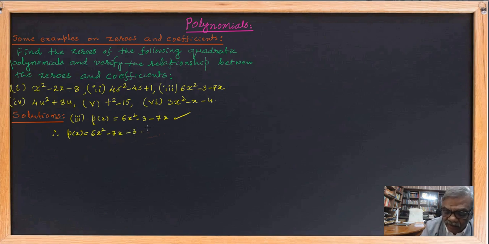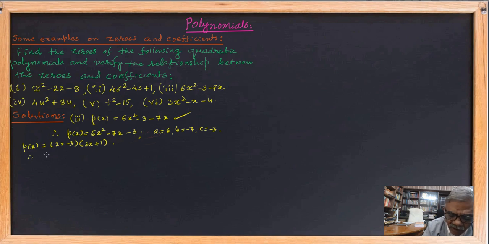Here a equal to 6, b equal to minus 7, and c is equal to minus 3. Now by factorization method, factoring this, p(x) is going to be (2x minus 3) into (3x plus 1).